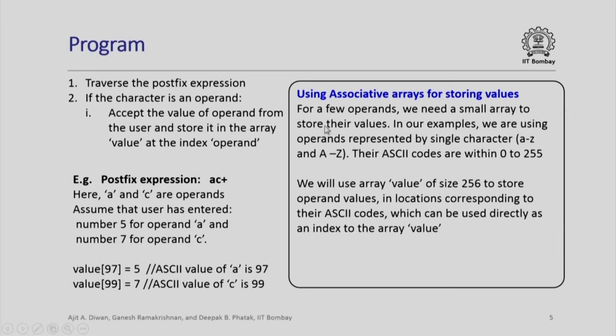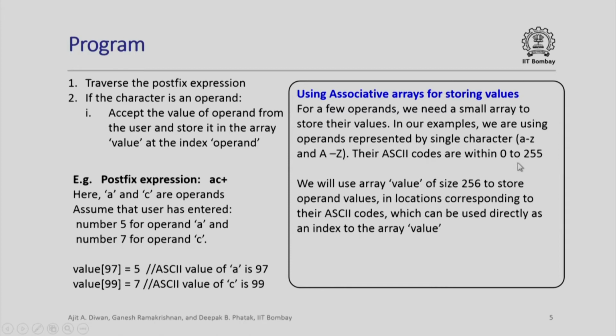Ordinarily, for few operands, we need only a small array to store the values of these operands. Now, in our examples, we are using operands represented by a single character, small a to z or capital A to Z. Note that their ASCII codes are contained within 0 to 255, which is the total span of all ASCII codes.